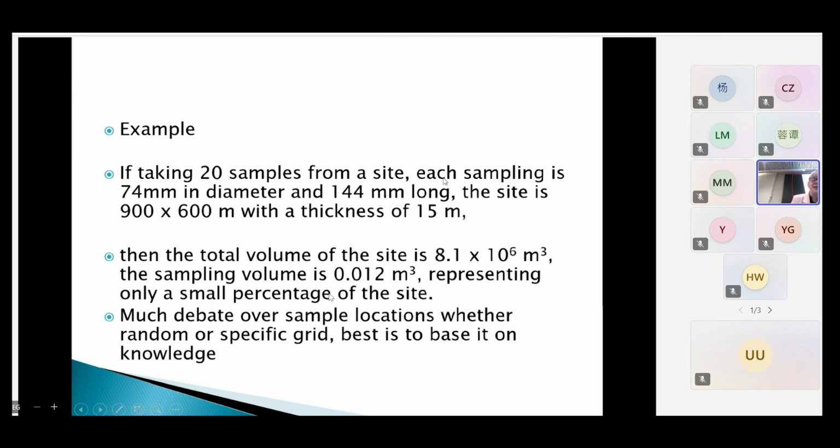So then you can see that the volume of the soil that you're actually taking for the analysis is quite small. So then there's always a debate of like, what is the most ideal location to take the samples, where to take the samples, how frequently to take the samples, what's the spacing of the samples. So it's always kind of a case by case basis, because every case is very different.